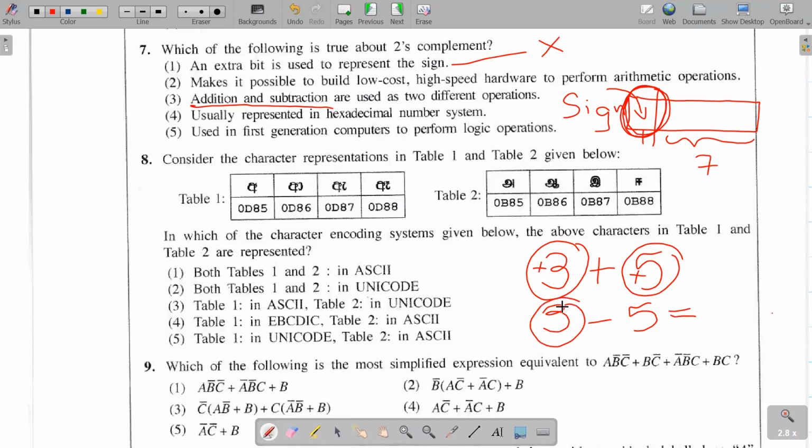Plus 3 will be determined and minus 5 will be determined, then again add them together. So everything happens as an addition. They are not using two different operations. They are using a single, the same operation.